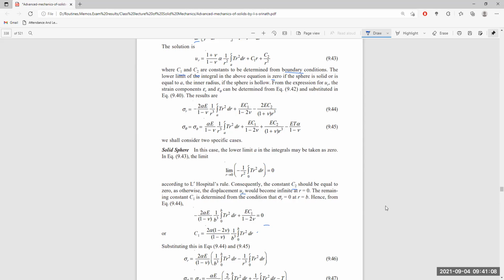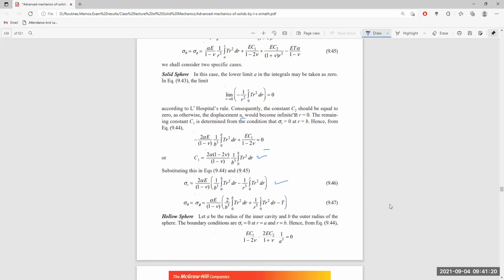From here we get C1, and if we put this value of C1 and C2, we get the value of sigma R like this and sigma theta like this. This is the value of radial stress and circumferential stress in a solid sphere itself.